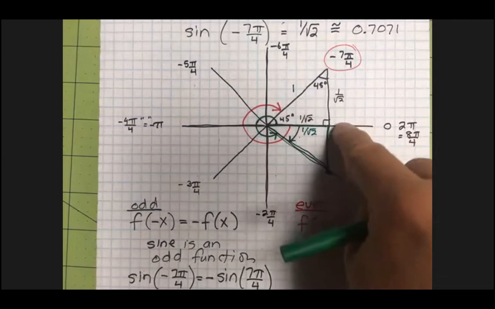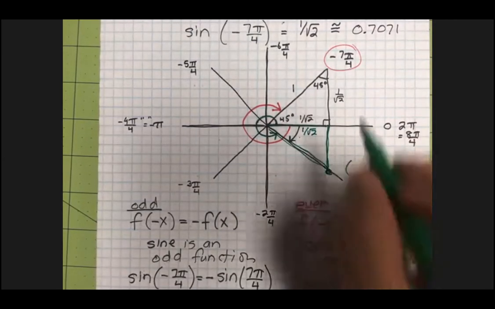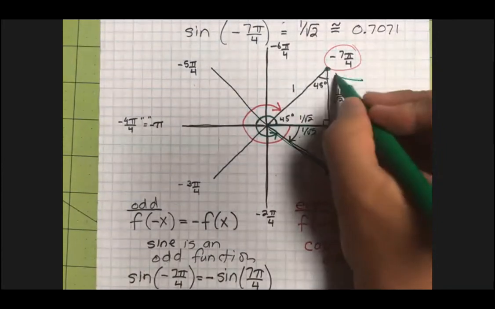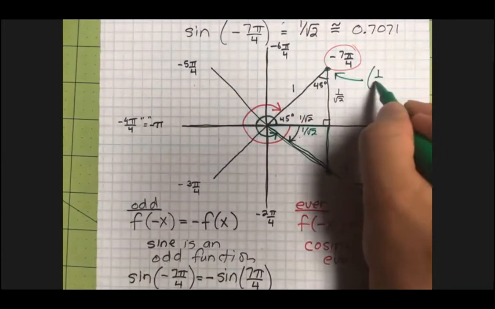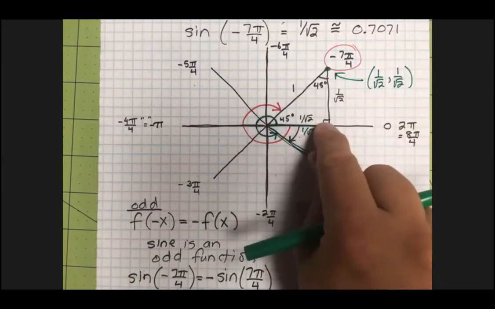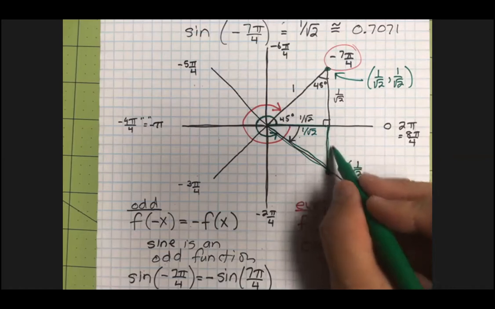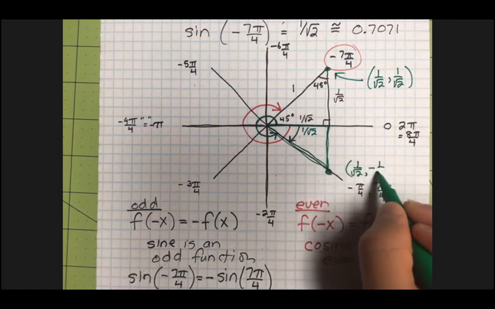But I am going downwards. So the name of this point is no longer 1 over root 2, 1 over root 2. 0.7 right, 0.7 up. It's now 1 over root 2 and down 1 over root 2.